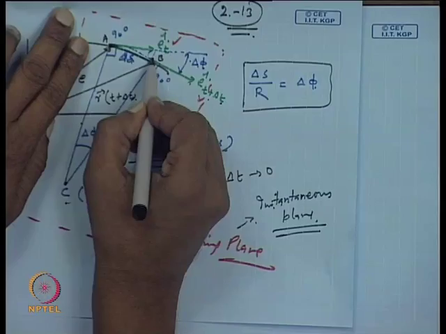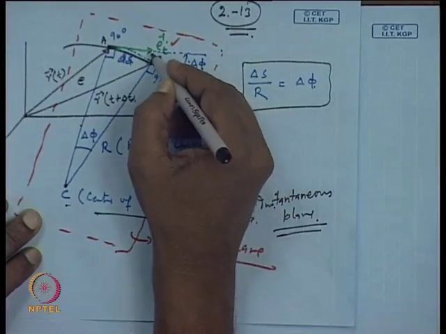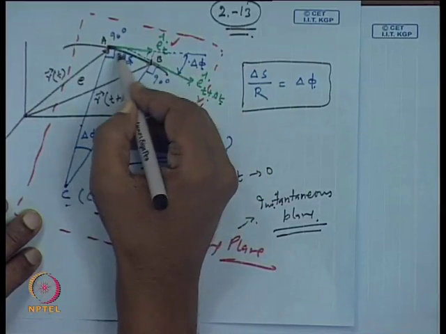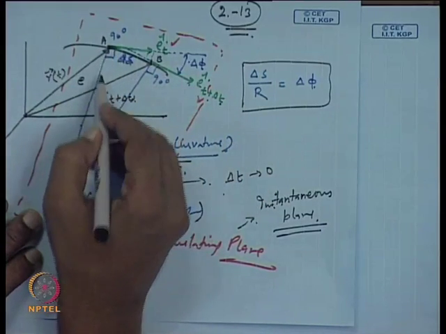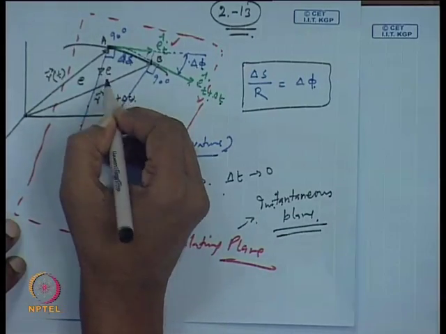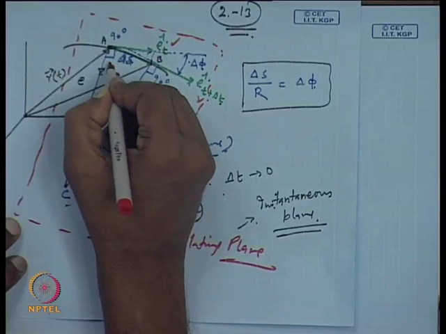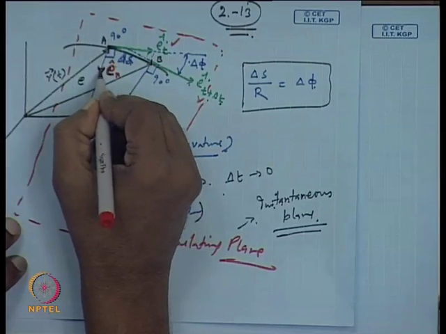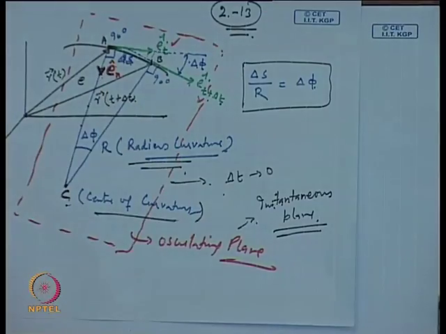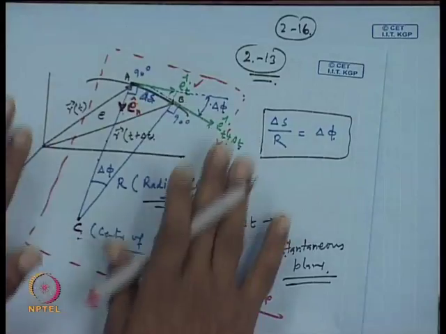Perpendicular to this vector at point A, it points in this direction. So, this direction is your E_n cap. Its direction is along the center of curvature. Thus we have completed this.